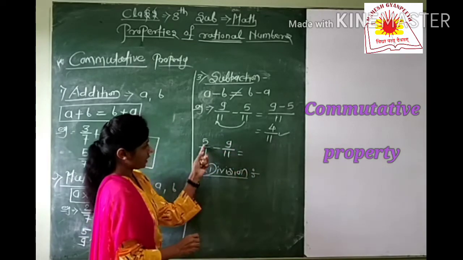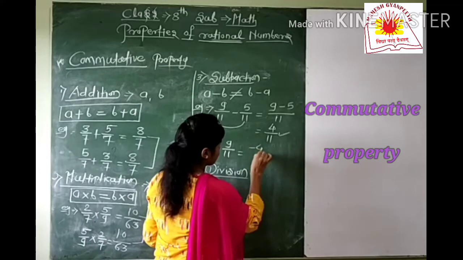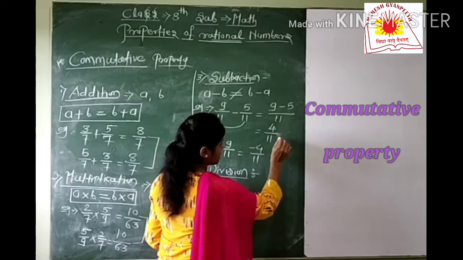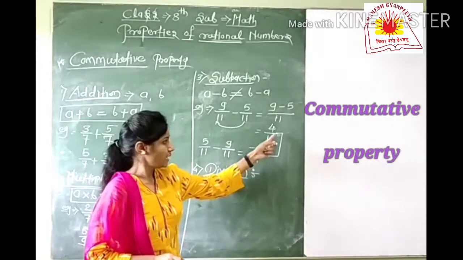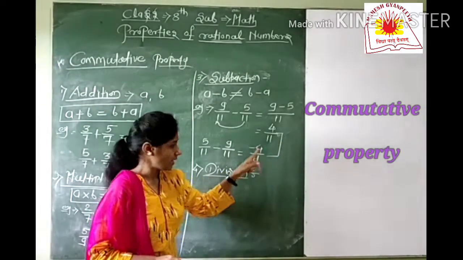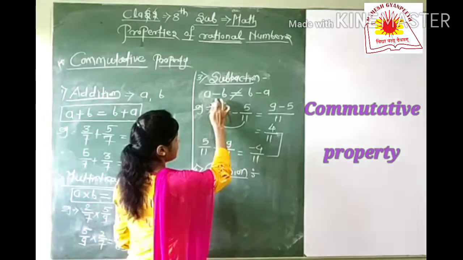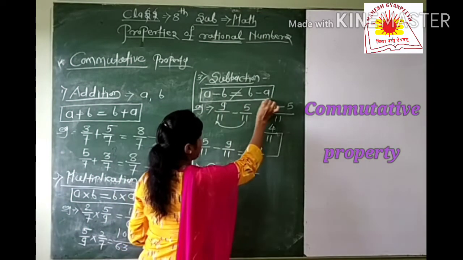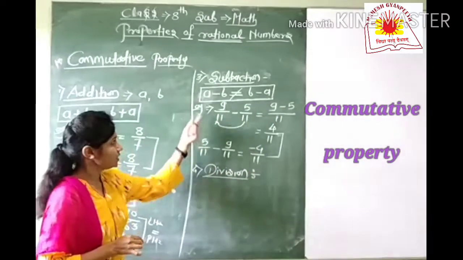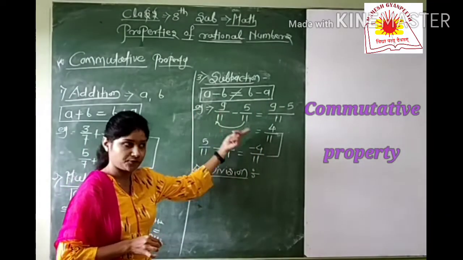What is that? 5 minus 9 is minus 4 upon 11. Now observe: is LHS equal to RHS? No, LHS is not equal to RHS. So A minus B does not equal B minus A. This is the commutative property of subtraction.